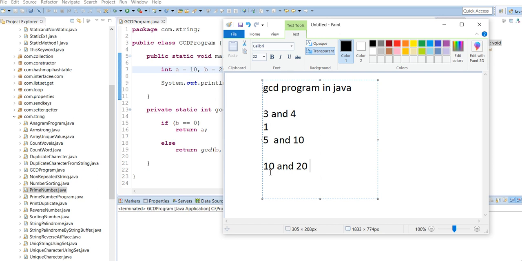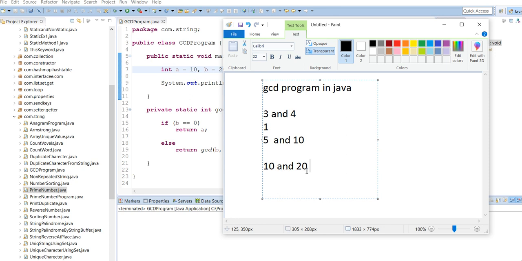Then you can check 5: 5 divides 10, yes, 5 into 2 is 10. 5 divides 20, yes, 5 into 4 is 20. Again, 10 divides 10, and 10 divides 20. So when a equals 10 and b equals 20, the GCD will be 10, because 10 is the greatest common divisor.